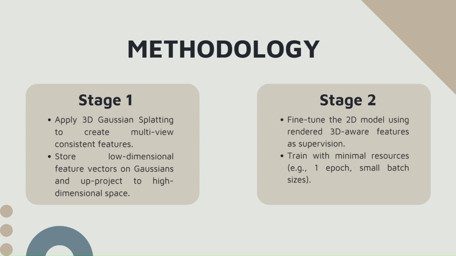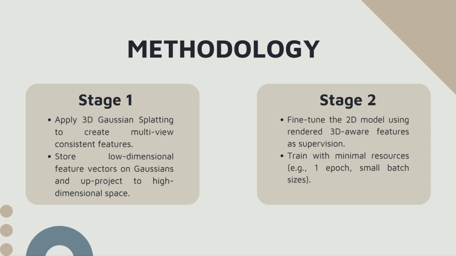Each Gaussian stores a low-dimensional latent vector, along with geometric properties like position, scale, and opacity. A small CNN decoder is later used to project these latent vectors to recover the original high-dimensional feature space, effectively enabling the model to hallucinate full 2D features from a minimal 3D representation.